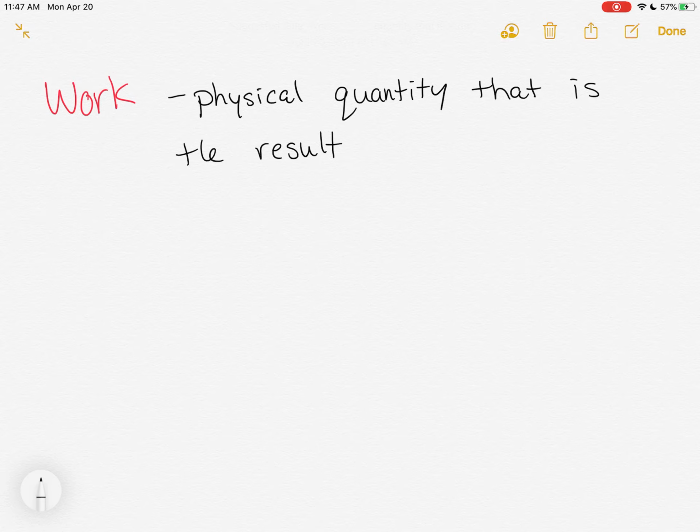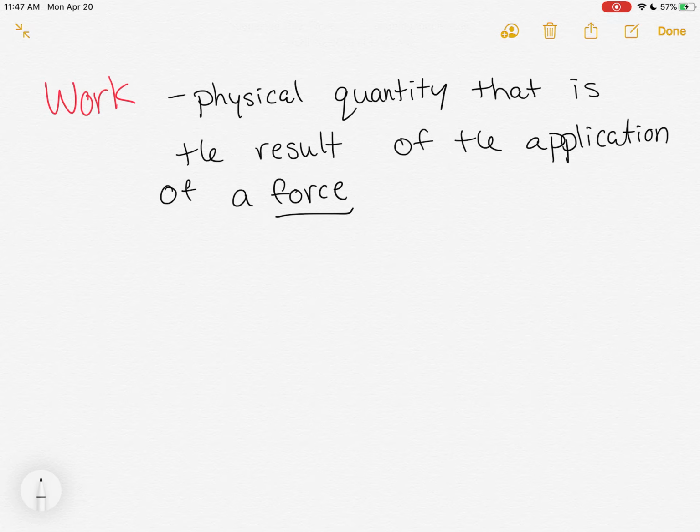So work is a physical quantity that is a result of the application of a force and the displacement of an object.